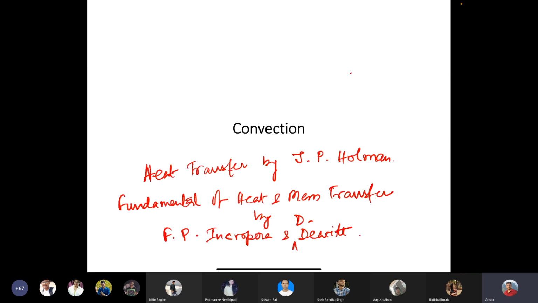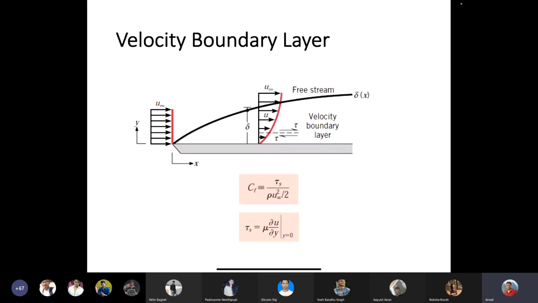Fine. So now let me go to that thing that we discussed in the last class. Before I begin, because this is the fundamentals of convective heat transfer, do you have any issue in understanding the concept of boundary layer?